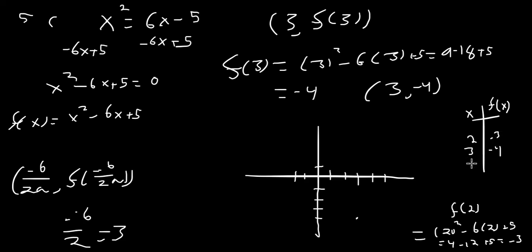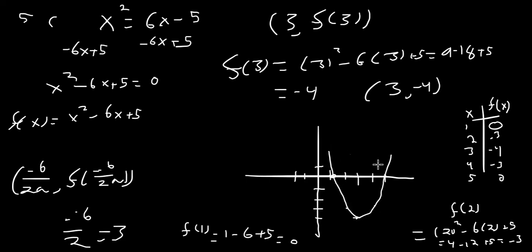So this value is negative 3, which means this also must be negative 3 because it's symmetric. So let's put those two down. And then let's do f of 1. F of 1 is 1 minus 6 plus 5, which is equal to 0. And of course it's symmetric. So it looks like we have a point here and a point here. So our parabola is going to look like this. And we have solutions x equals 1 and x equals 5. Those are our two solutions.